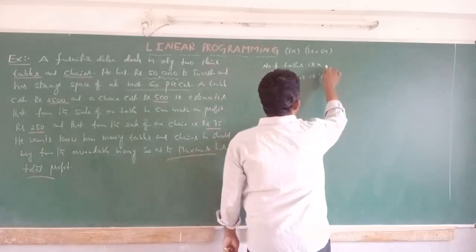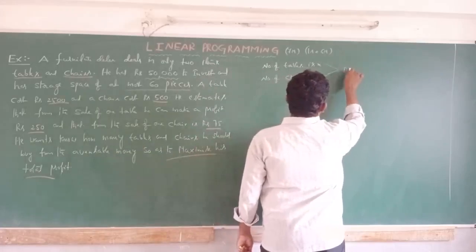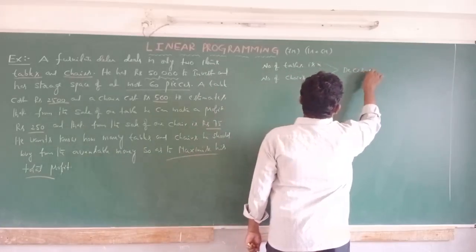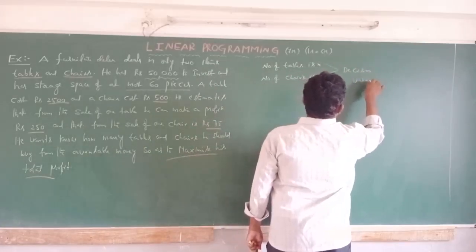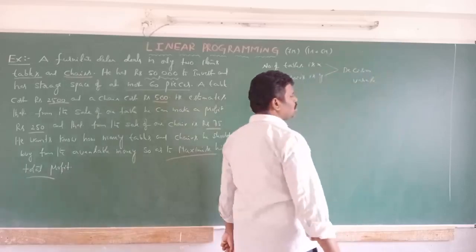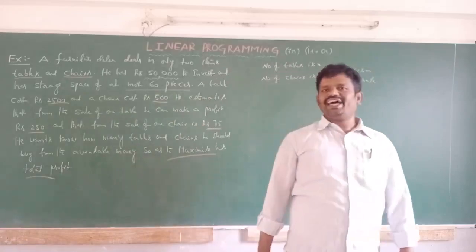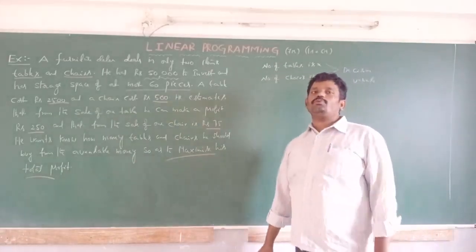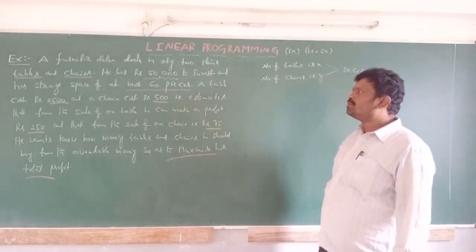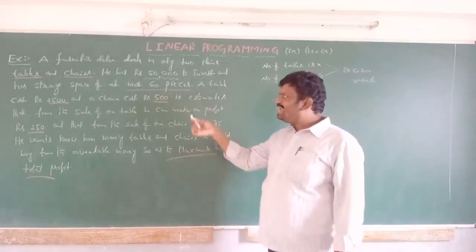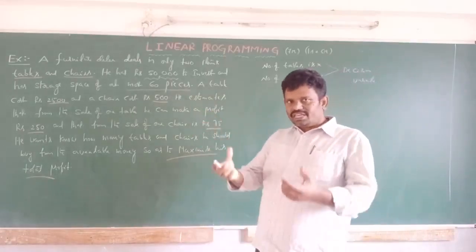These two are called what? Decision variables. And another name also there, optimal values. So optimization means what? The given data, here given data means the given resources.